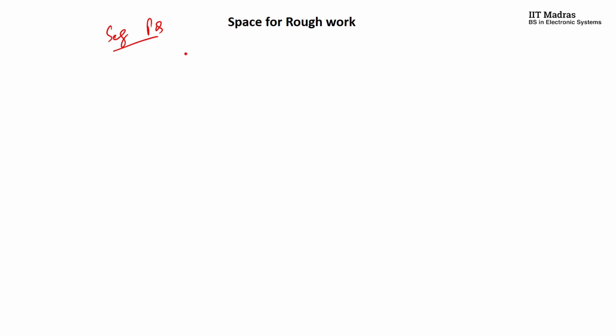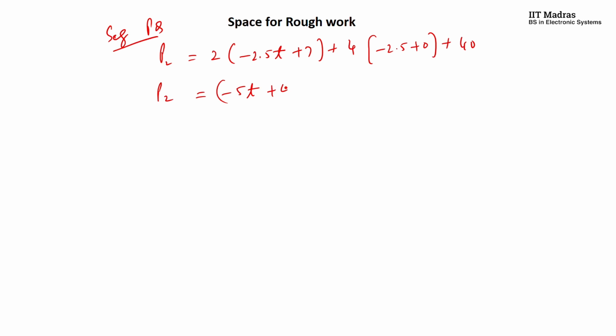Segment PQ. So now the control action P2 is 2 into, depending on the error equation, 2.5t plus 7, plus 4 into the derivative of the error, so you get minus 2.5, plus d/dt of 7 is 0, plus 40. So you have P2 equal to minus 5t plus 44, where t varies from 2 to 4.